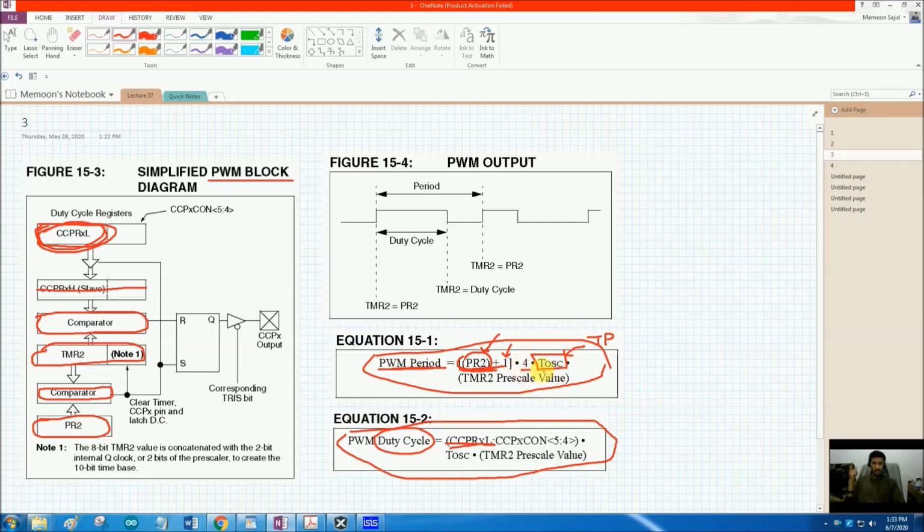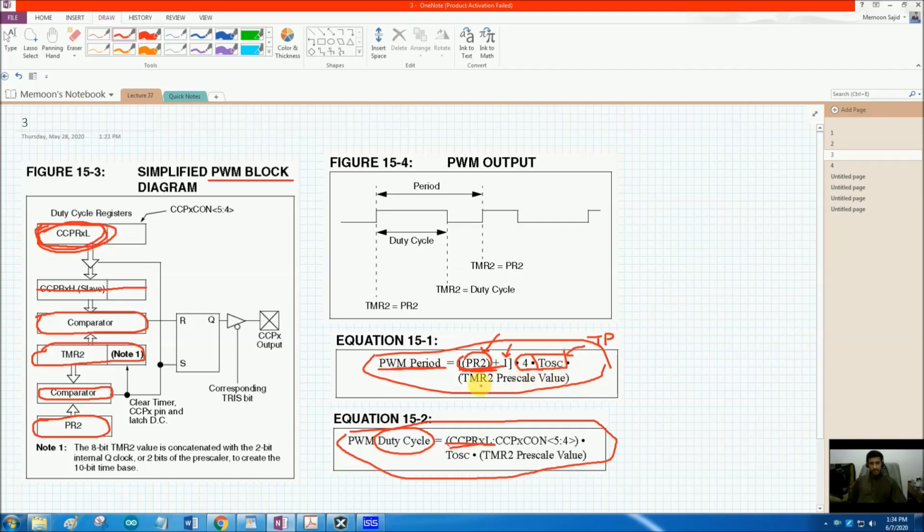So you could use the time period of the Timer 2 oscillator instead of that, and you wouldn't have to write this 4 in that case. But as it is showing the system oscillator, the system oscillator has 4 times the frequency as compared to the timer oscillator.